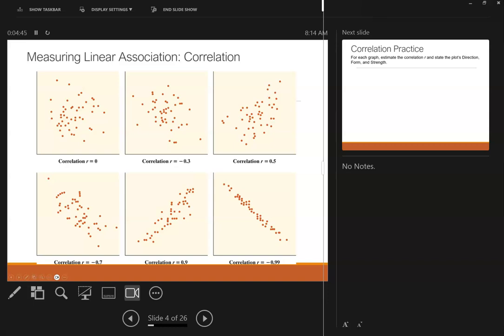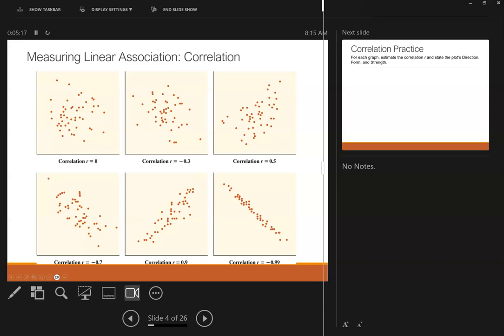Not much difference between those two visually, right? If you really look hard at this one, I guess it's kind of trending down as I move from left to right, but probably most of us would say this is no relationship. Here, this is positive 0.5. Again, we can see there's a little bit of upward, but to me, I don't see much difference between this one and this one, other than one tends to be going down, the other tends to be going up. But the correlations are quite different.